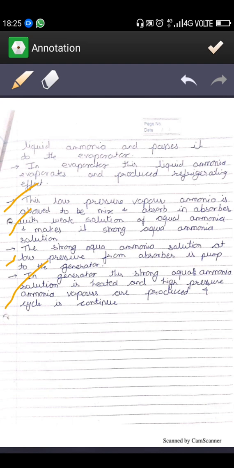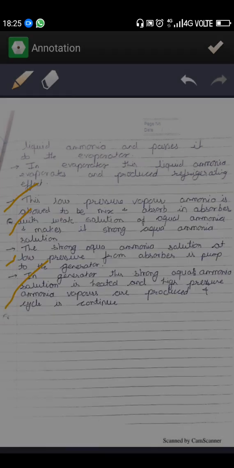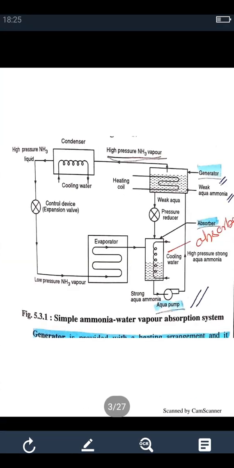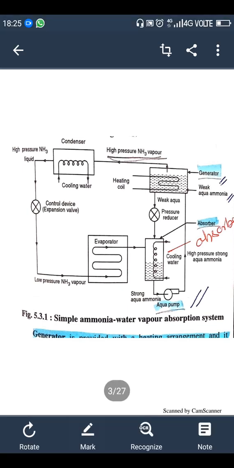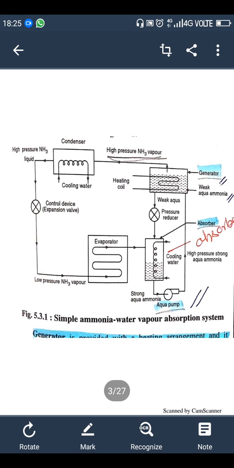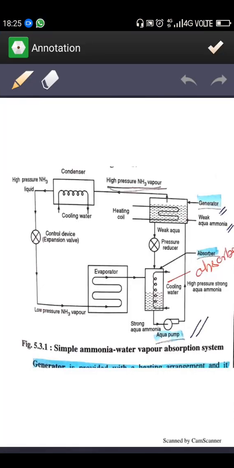I am going to explain this working again in the diagram. Just look at it. We are starting here from this strong aqua ammonia solution. The strong aqua ammonia solution from this absorber has its pressure raised by the pump to the generator pressure.